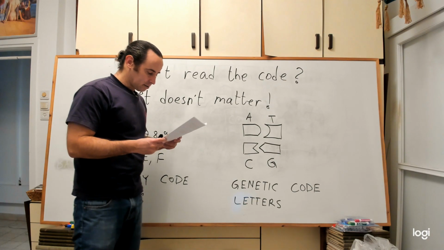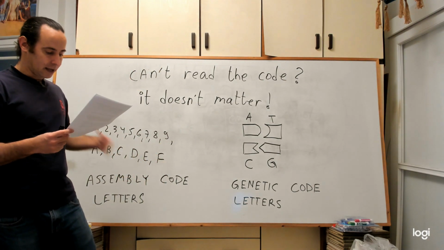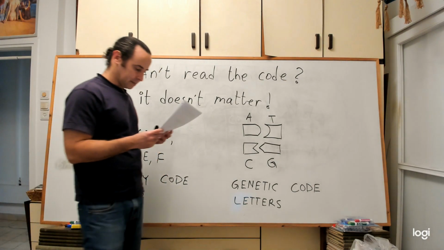So assembly language code is coded in 16 hexadecimal letters.